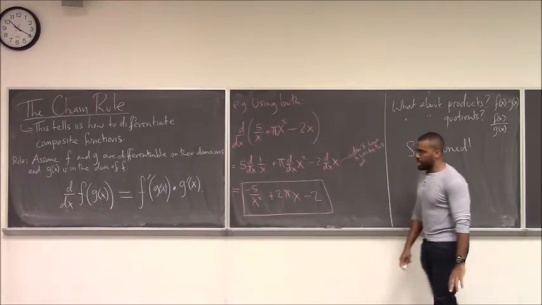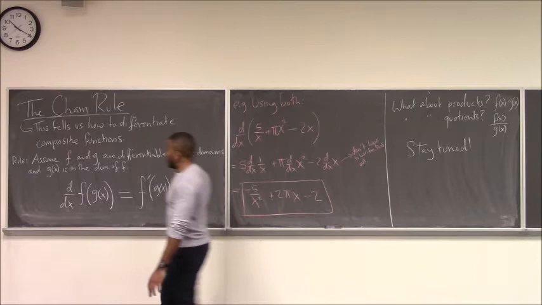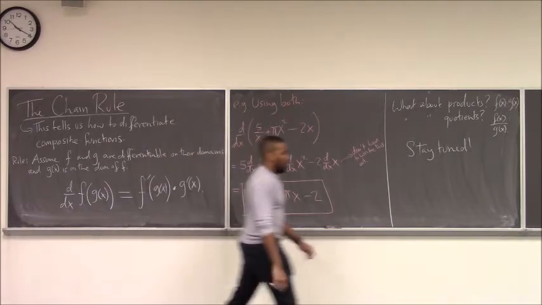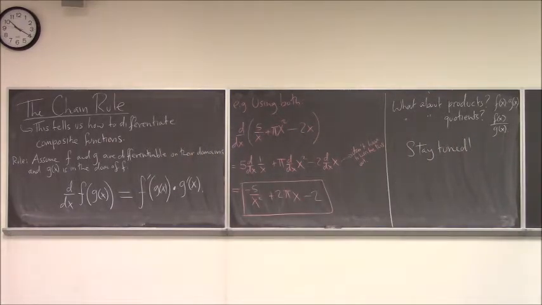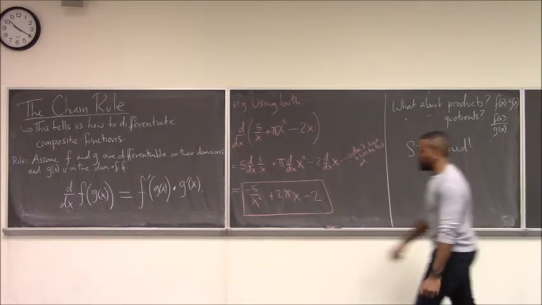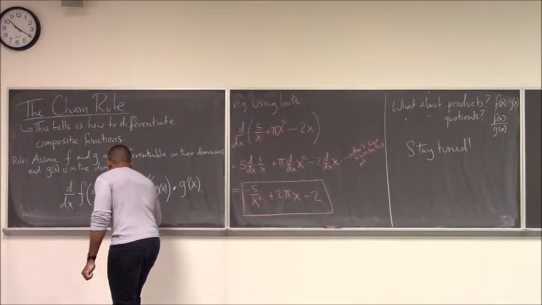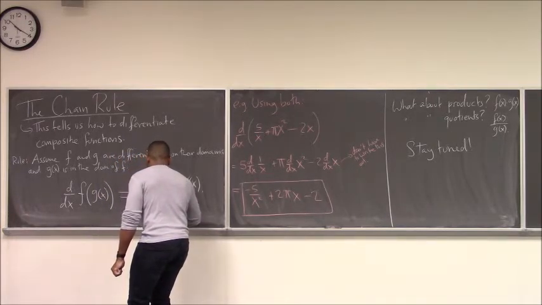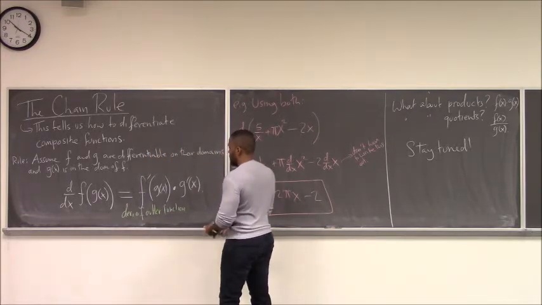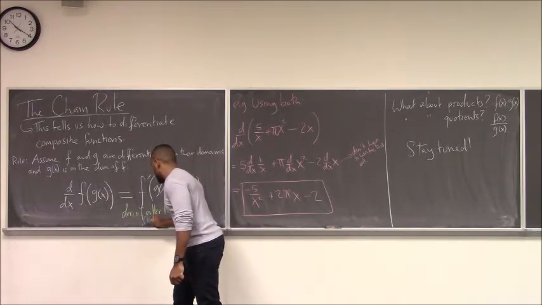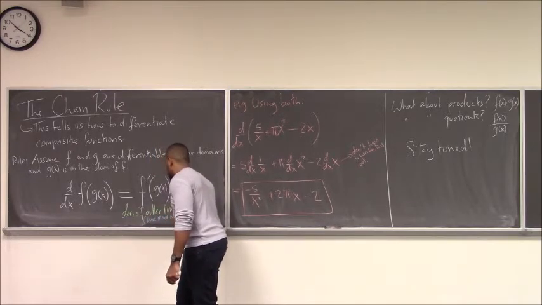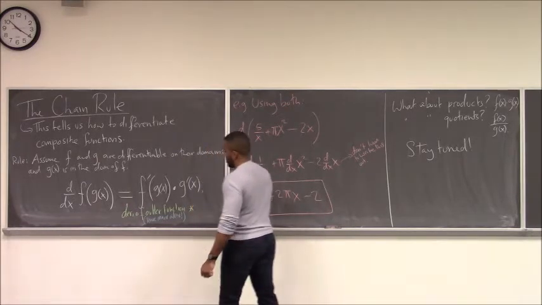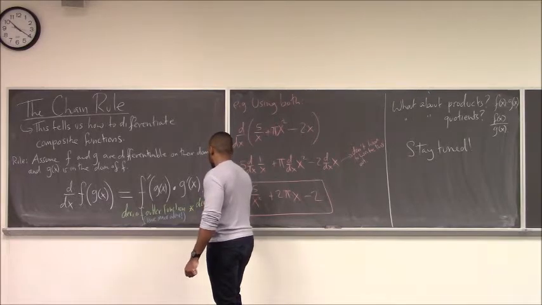Now, it's the first time you're seeing the chain rule, so it might take some getting used to. So we'll knock out a couple examples. Basically, it's the derivative of the outer function, leaving the inner function alone at first, and then you're going to multiply by the derivative of the inner function.